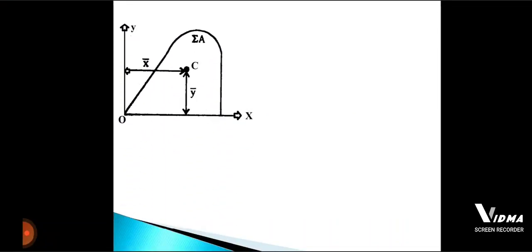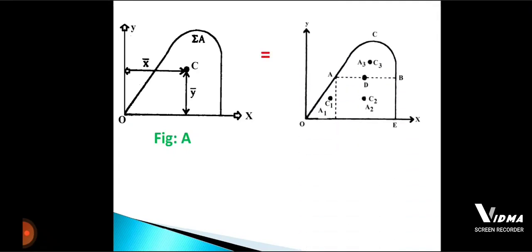Consider a composite plate which may be divided into a triangle, rectangle and semicircle, as shown in figure A, and also in figure B. In figure B, the total composite section is divided into a triangle, rectangle and semicircle.